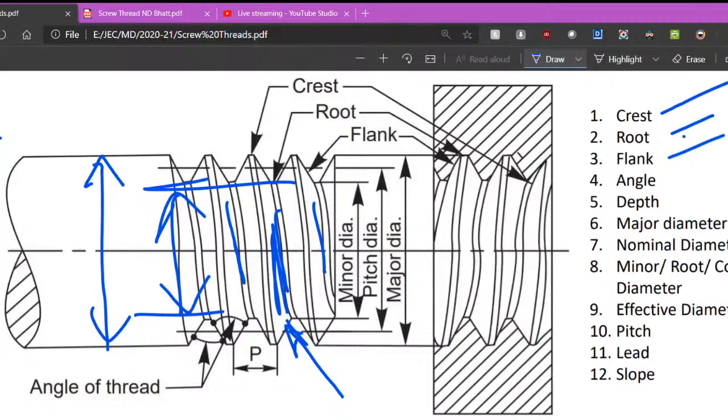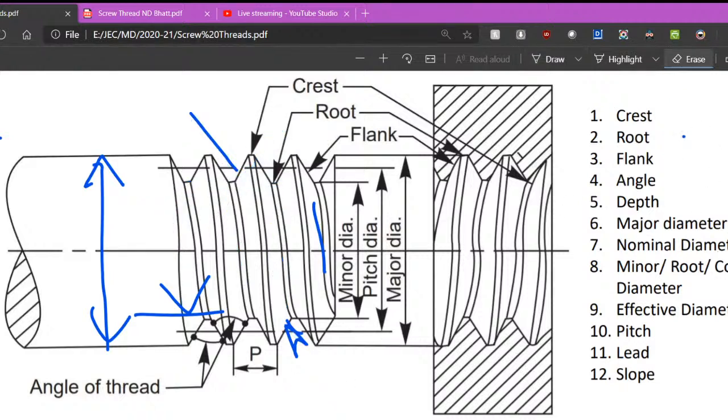Then crest, root, flank, angle. See this, the thread is forming this angle. See here, the angle between two threads is called the thread angle.